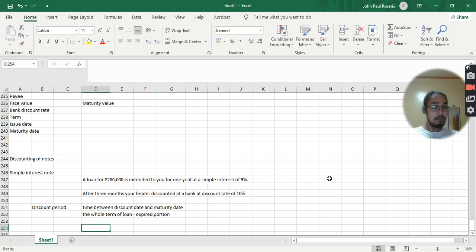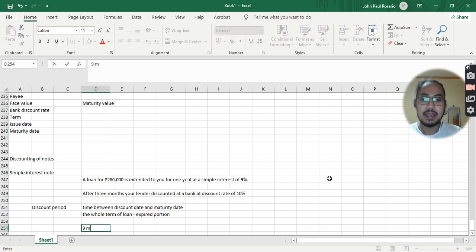For example, in the example given here, the whole term is 1 year, right? So 1 year is equal to 12 months. After 3 months, it was discounted. So 1, 2, 3 are gone. How many months are left? 4, 5, 6, 7, 8, 9, 10, 11, 12. That's 9 months.